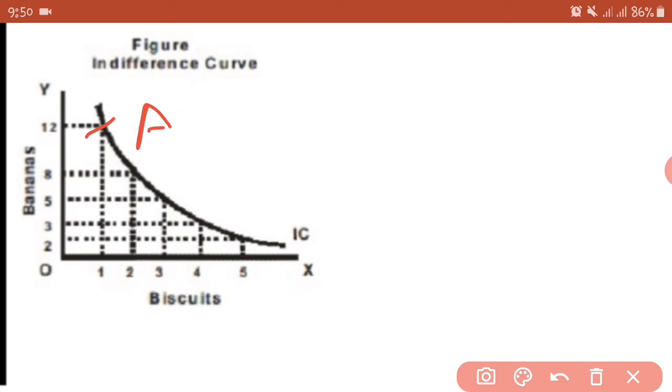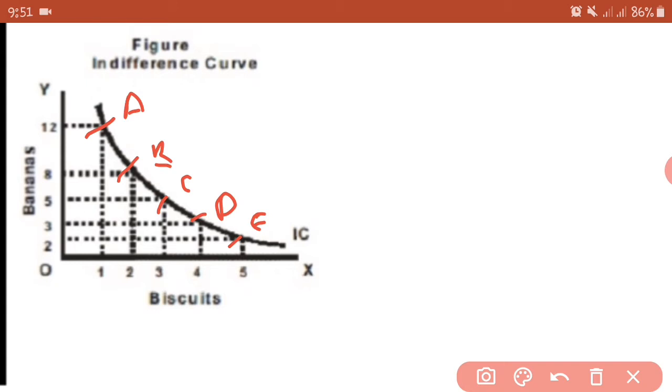combination A, and 8 units of bananas and 2 units of biscuits represents combination B, and 5 units of bananas and 3 units of biscuits represents combination C, whereas 3 units of bananas and 4 units of biscuits represents combination D, and 2 units of bananas and 5 units of biscuits represents combination E. All these combinations A, B, C, D and E yield the same level of satisfaction to the consumer.